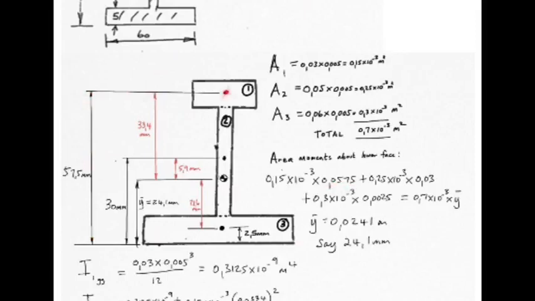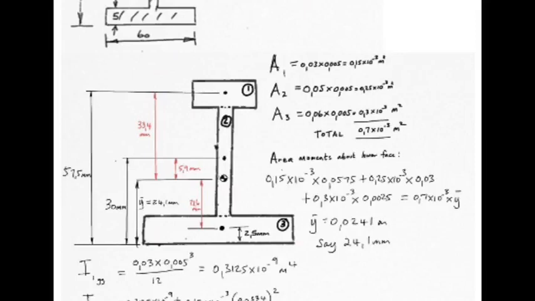Distance from the centroid of number 1 to the axis, the reference axis. Secondly, number 2, take from the table the 0.25 times 10 to the minus 3 times the distance from its centroid to the axis. See if you can agree with the 30 millimeters, 0.03. Remember, in these problems, it is vital to have an accurate, clearly labeled sketch. Don't make a mistake on these dimensions, because it's obviously going to render the answer useless.